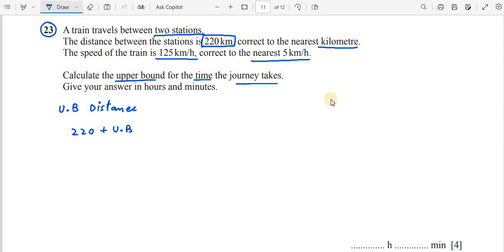The upper bound of 1 kilometer is 0.5. So 220 plus 0.5, we get 220.5. This is the upper bound of distance.